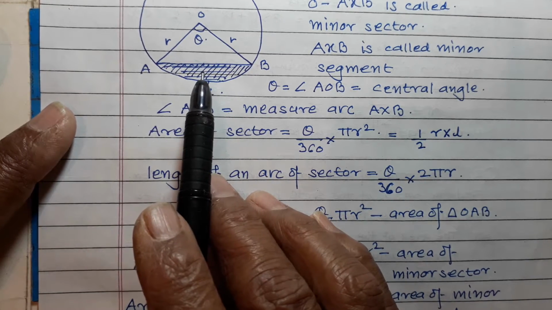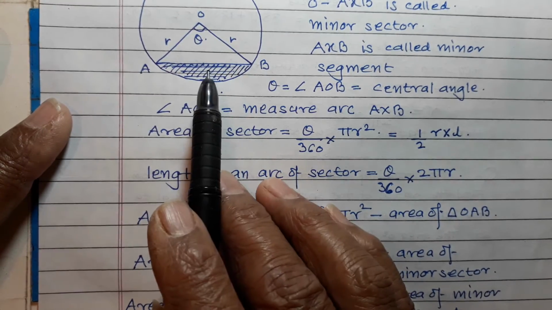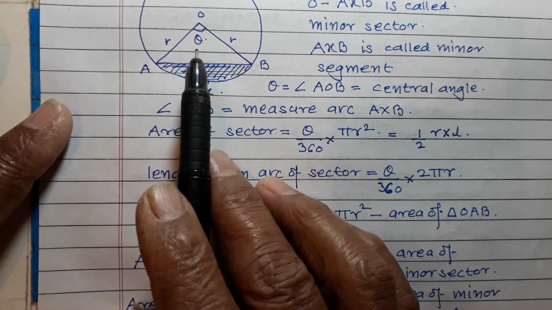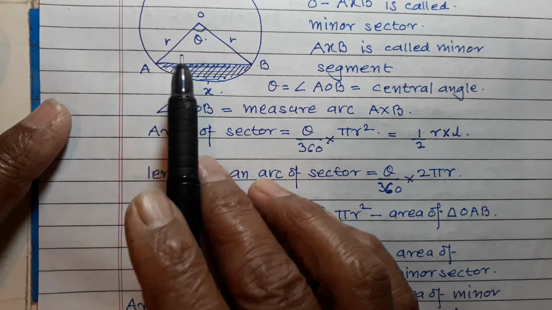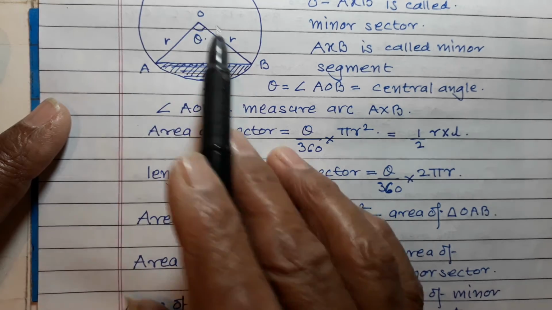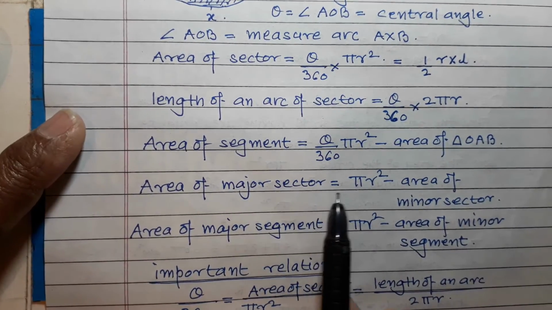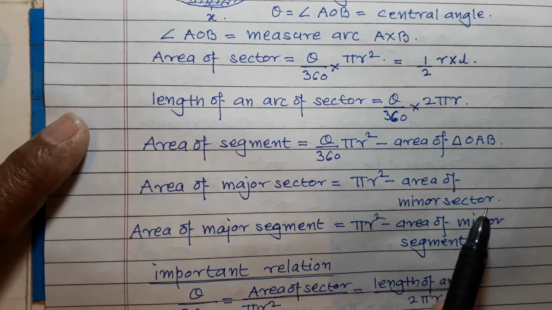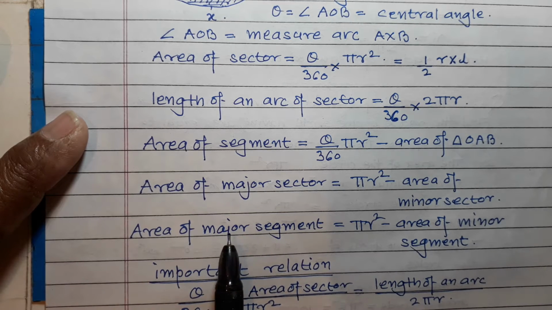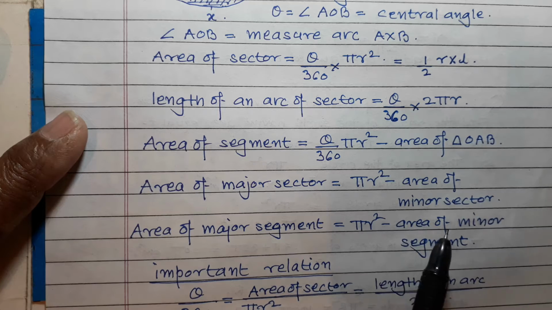If you want to find the area of this segment, then first you find the area of sector and then you subtract the area of corresponding triangle, in this case triangle AOB. Area of major sector is equal to pi r square minus area of minor sector. Area of major segment is equal to pi r square minus area of minor segment.